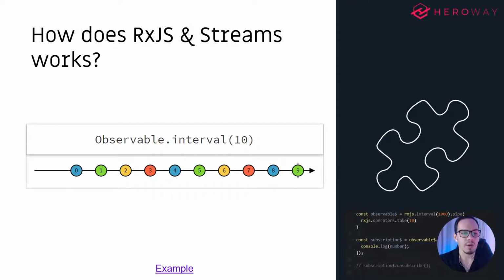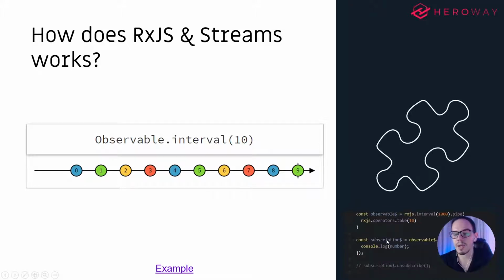Okay, so here we have a picture that has an Observable.interval, and we pass as parameter 10, the value 10 here. It means that we are going to emit 10 values, one after another, and we can see in this diagram the values being emitted.